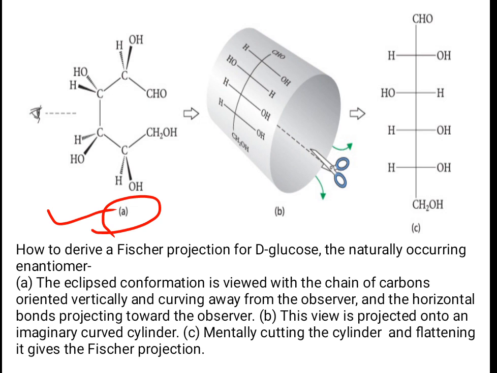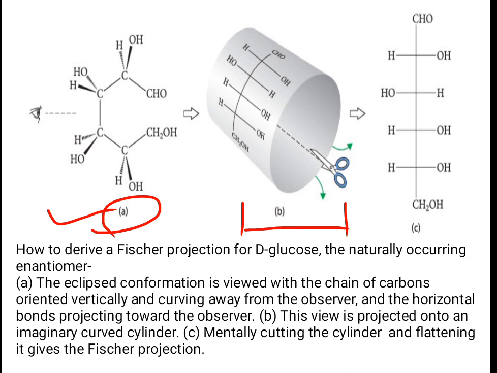Now first, the eclipsed conformation is viewed with the chain of carbons oriented vertically and curving away from the observer, and the horizontal bonds projecting towards the observer. This view is projected onto an imaginary curved cylinder. This is your imaginary curved cylinder, and you are just projecting this molecule onto the surface of this cylinder.